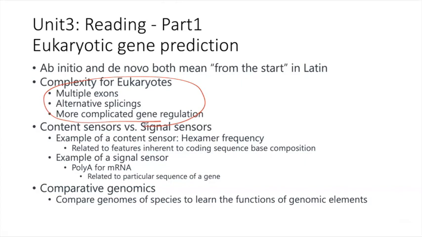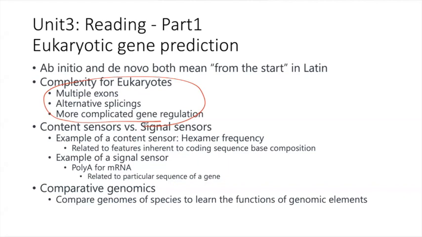Before we move on, I would like to introduce the content sensor and signal sensor. Let me start with the signal sensor. The eukaryotic genome has some specific signals in the sequence. Everybody has heard about the poly A tail of mRNA, right?